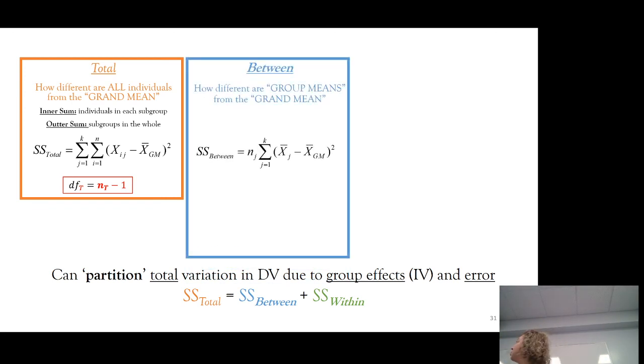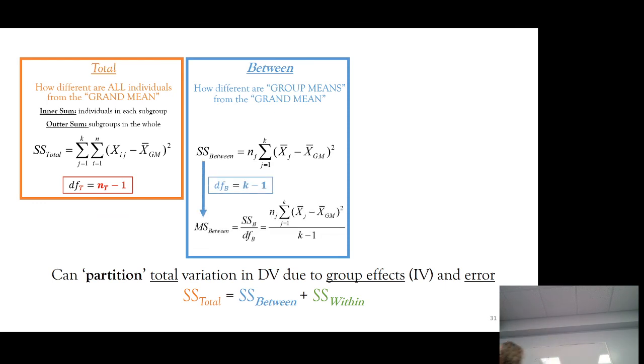Sum of squares between, there's that formula. Here are the degrees of freedom. Now this is the numerator, the top of the F statistic, the MS, mean sum of squares between. MS between is SS between divided by degrees of freedom between. Degrees of freedom between. It's between the groups.